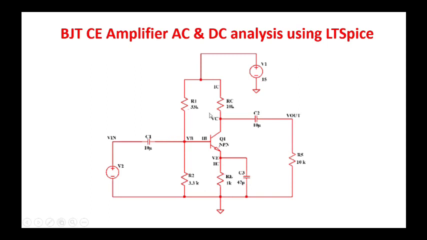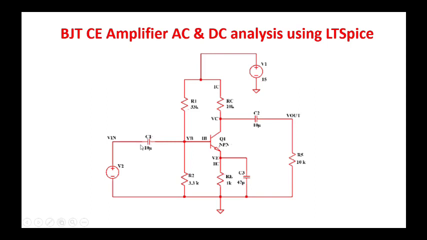The circuit requires four resistors: R1, R2, RC and RE. RC is the collector resistance, RE is the emitter resistance, and two coupling capacitors are required.